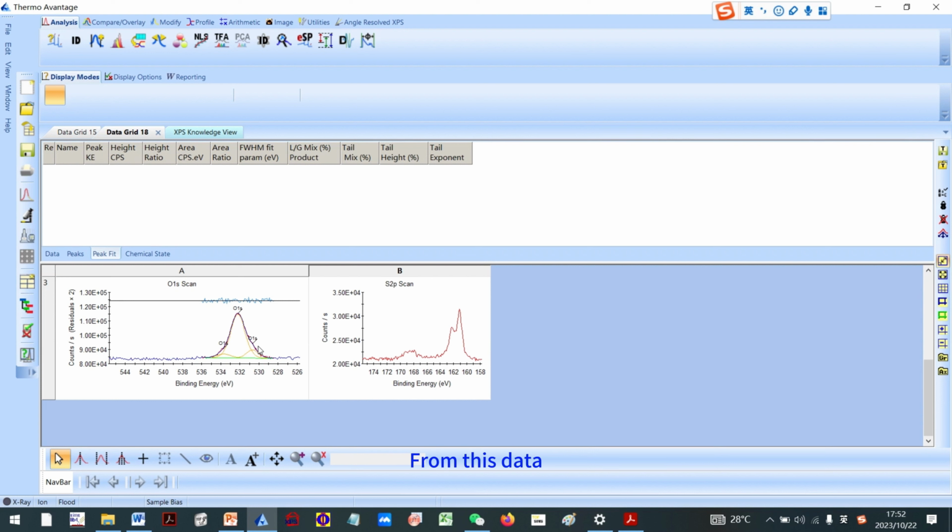From this data, there's indeed a peak at 530 electronvolts, indicating the existence of oxidized silver. Different peaks of elements combined together, verifying each other, can lead to a more accurate analysis. Thank you.